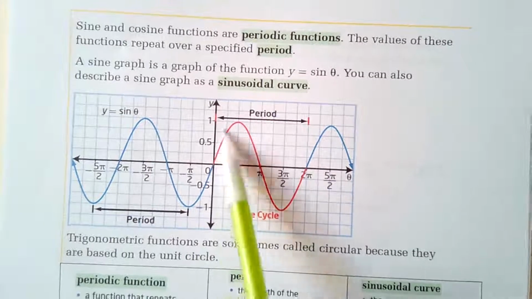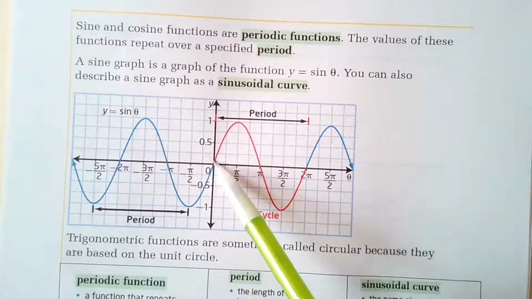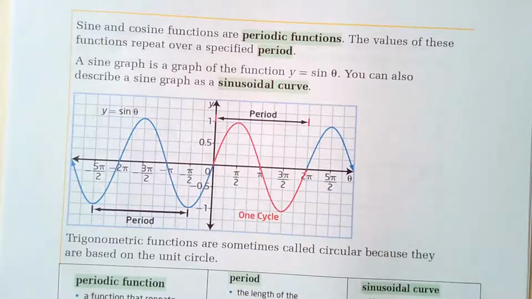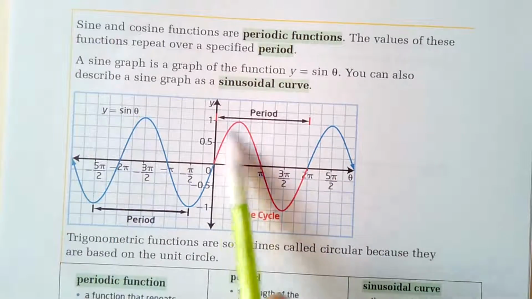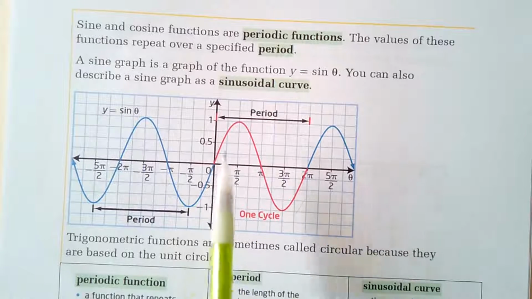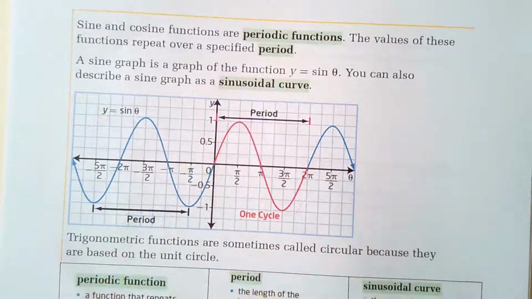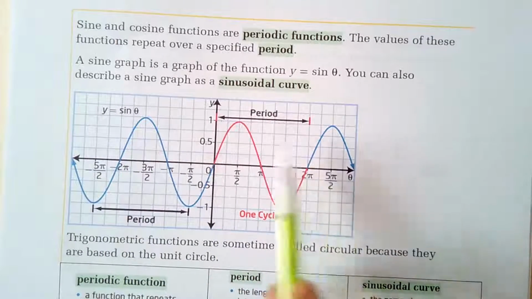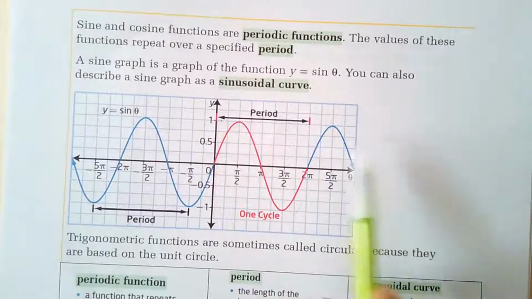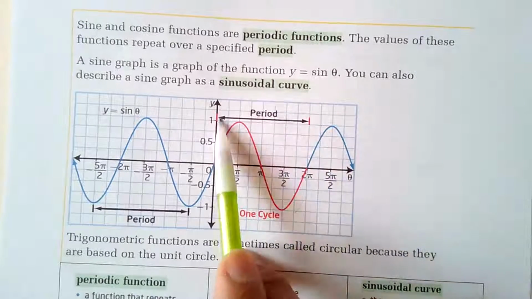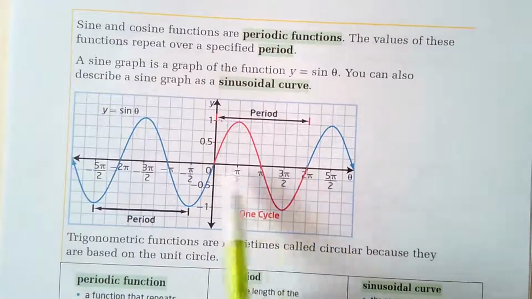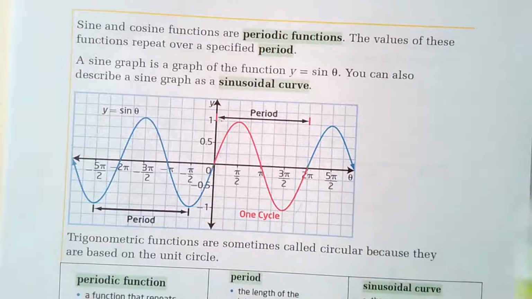So here's a sine graph, and it's really derived from the unit circle, where y equals sine of x. The period is the length of the interval over which a graph repeats itself. So we start from here, and the graph repeats itself every 2 pi. So it's called a periodic function, something that repeats itself.